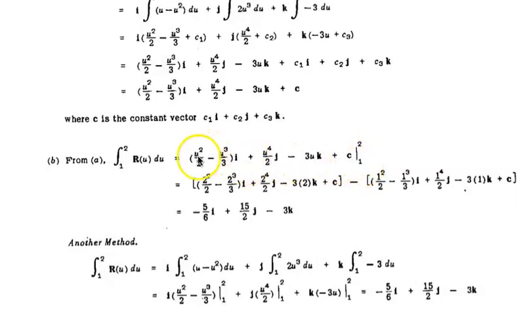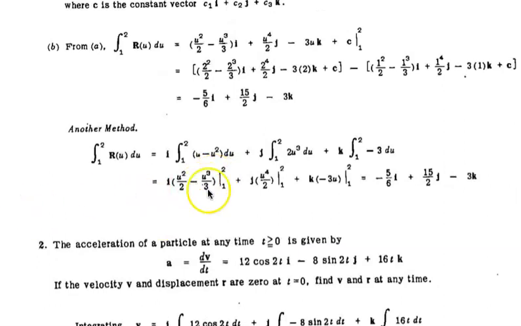So everywhere that it has u, he puts in 2 initially, minus the situation for 1, and then combines terms, and you get the final expression. He says you can also do it this way, which is fine. I really like this way better. There's no point in bringing in this constant if you're going to do a definite integral. Just leave that out and you solve it that way.